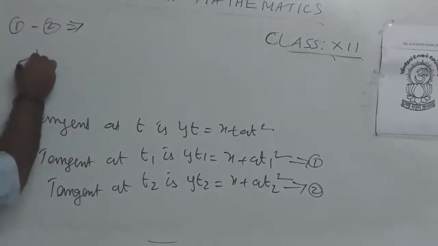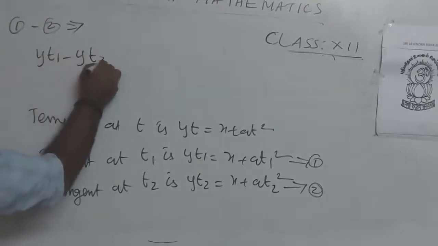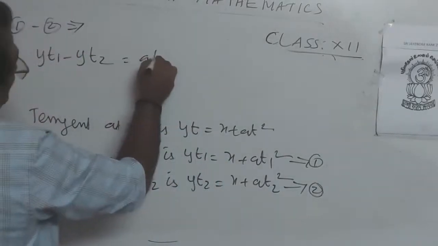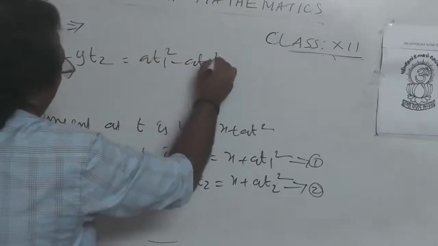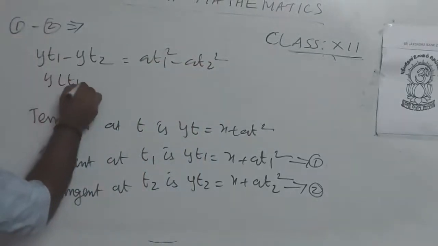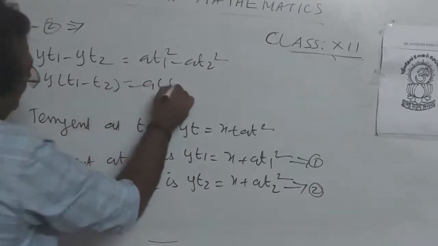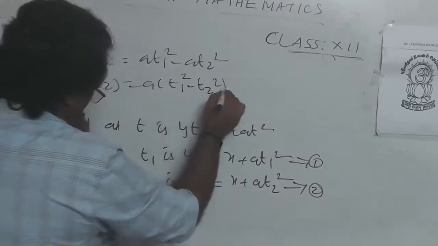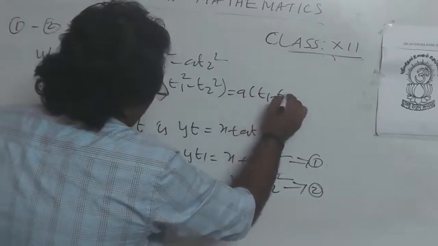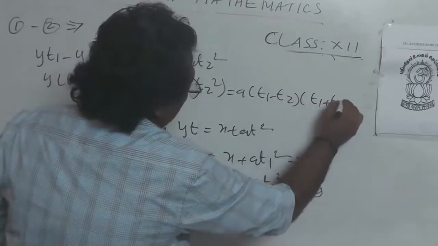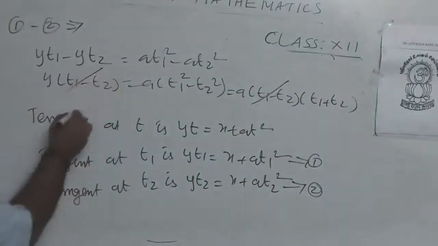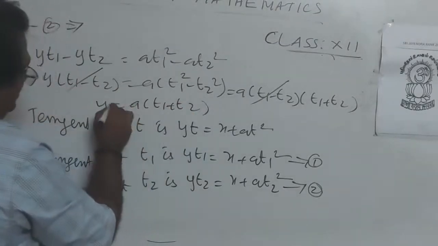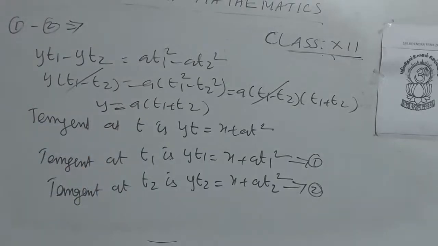One minus 2 gives y t1 minus y t2 equal to, x will get cancelled, a t1 squared minus a t2 squared, y into t1 minus t2 equal to a into t1 squared minus t2 squared, that is a into t1 minus t2 into t1 plus t2. This will be cancelled. y equal to a into t1 plus t2.